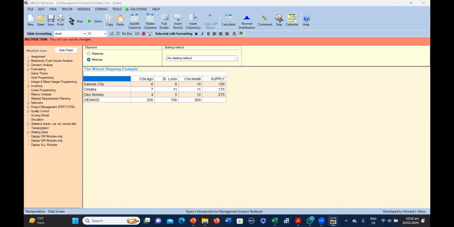You can see here that we have supply sources and demand sources. So 3 sources, 3 destinations.